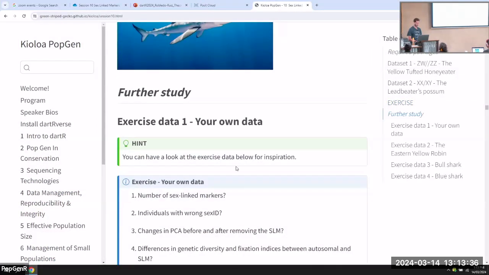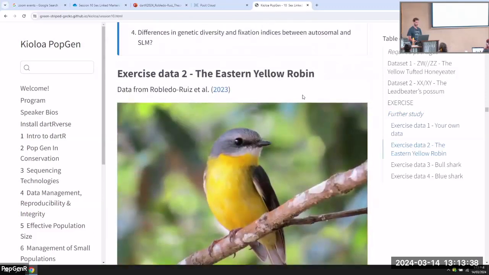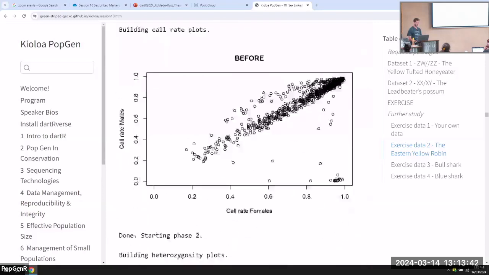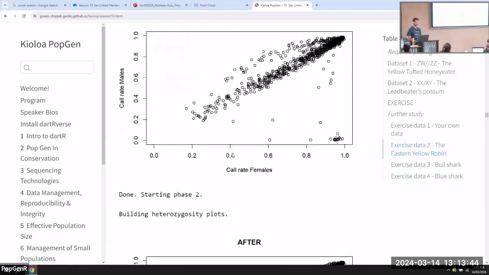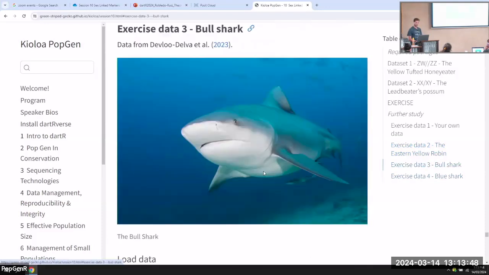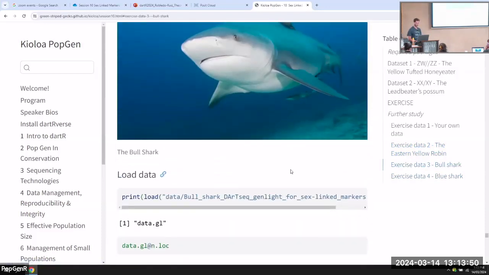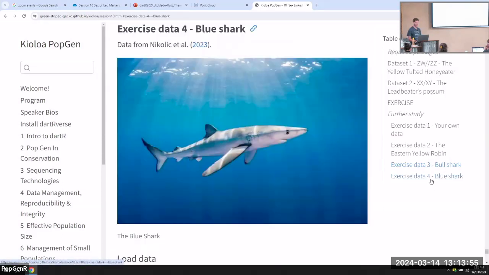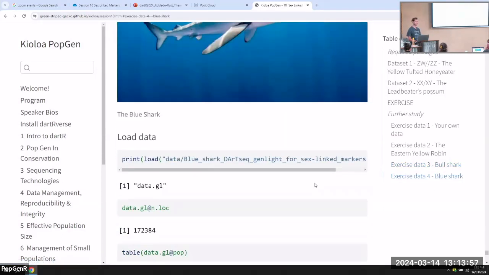We have the Eastern yellow robin, which Diana talked about, and there's already some code there that you could use. I've also added 2 shark data sets, the bull shark and the blue shark, which I didn't work out for you because it's interesting if you can just play with it. We do highly encourage you to try your own data sets.